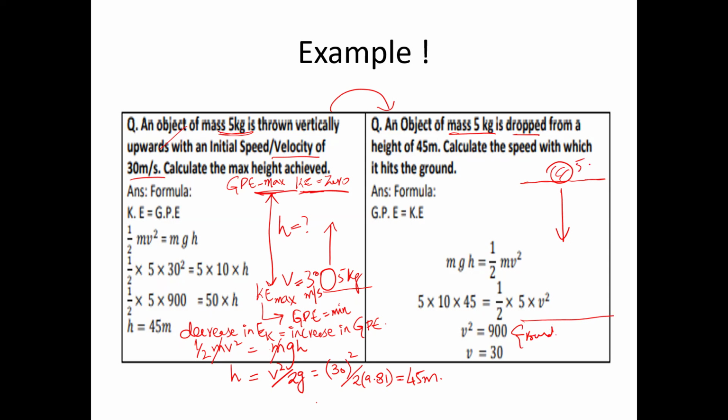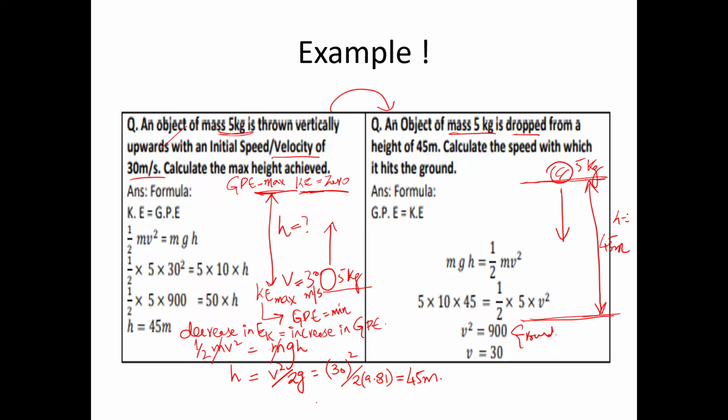And what is its mass? 5 kg is its mass. And the total height has been given to us. What is the total height given to us? It is 45 meter. The total height, from the top level till the bottom level, is given as 45 meter.